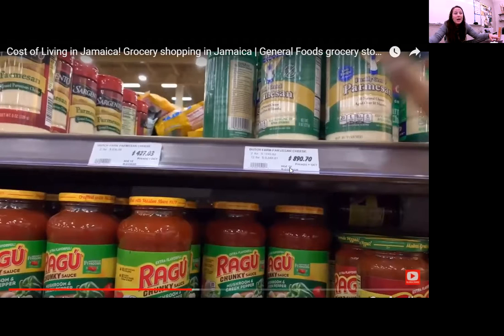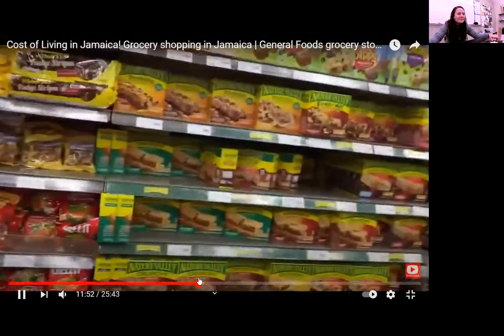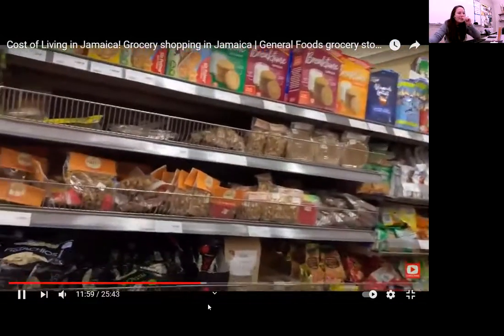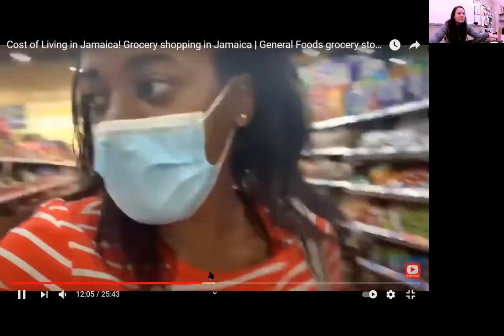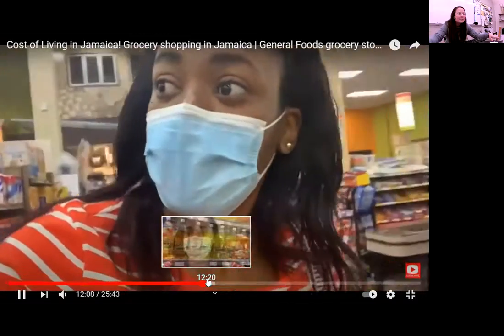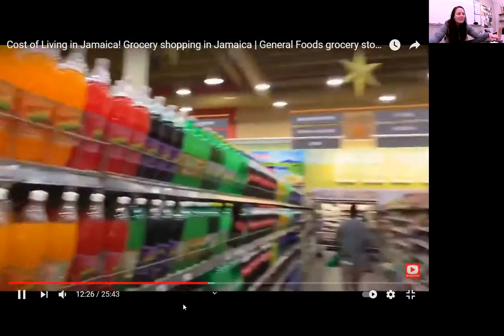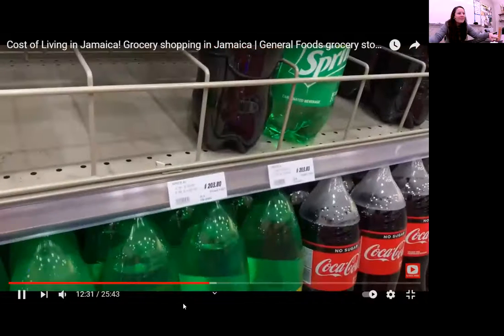Now these prices are in Jamaican dollars, so you guys can see. So 890 Jamaican dollars. I'm gonna get this one. I don't know why this one is more expensive. Should I get some granola bars? No, I don't think I need that. Okay, y'all, so we're going to the next aisle. Let's see. What else? We have a lot of soda here, like $179. Coca-Cola, 200, and $3 for this big thing, huh?